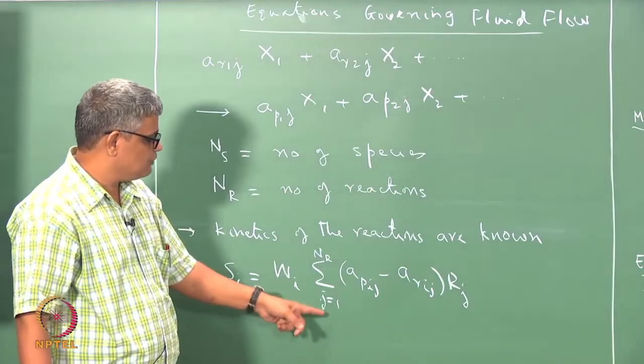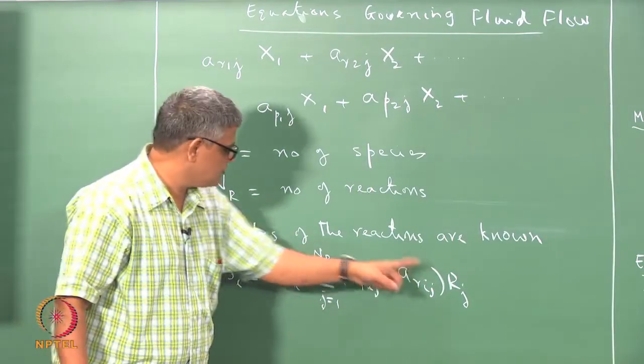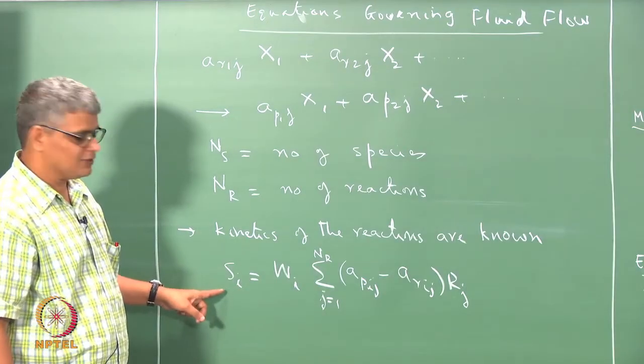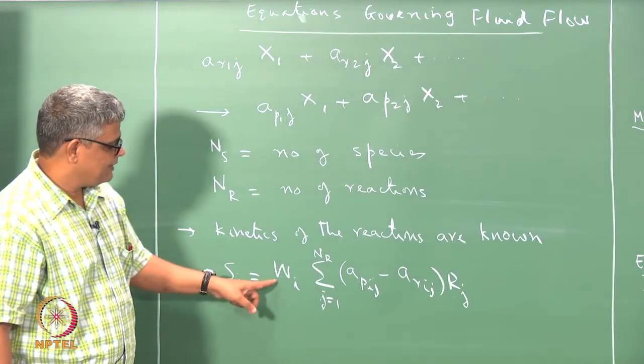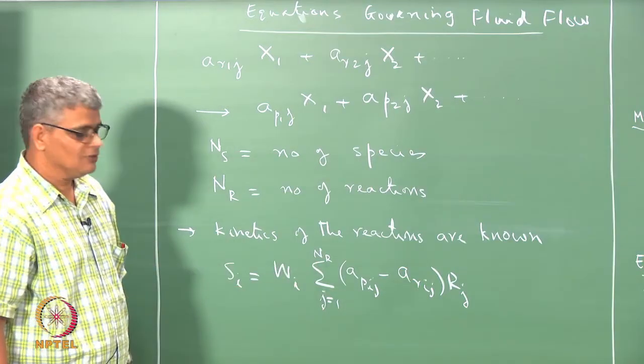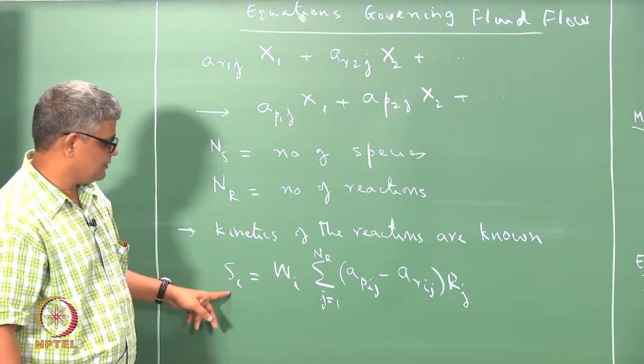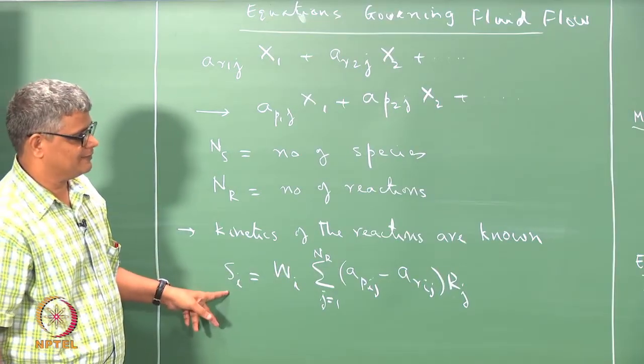So, we have to sum over all the reactions, all the J number of reactions, in order to find out the total rate of formation of this, and here these are in terms of stoichiometric coefficients. So, we need to multiply by the molecular weight of this species in order to get the source rate of formation here.